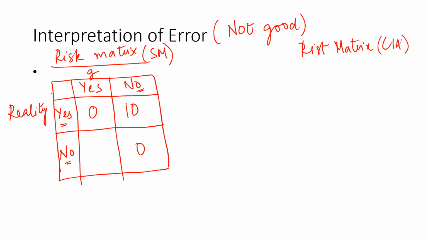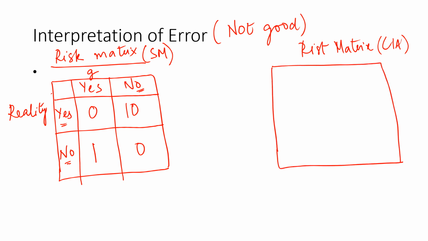So let's assume I decided it's 10, right? And then saying yes to the wrong person is not as costly, right? So that means the false positive is not as costly. So maybe the magnitude of that penalty is going to be 1. Similar to that, coming here, what we can say for CIA is slightly different from what we said here. So this is my G, and this stays as my reality, and it's like this.